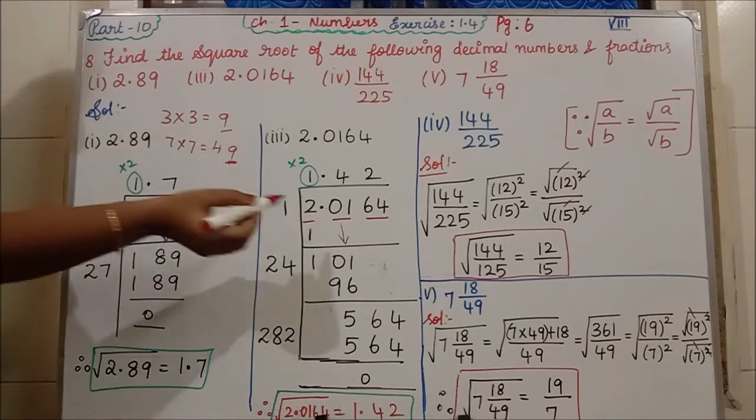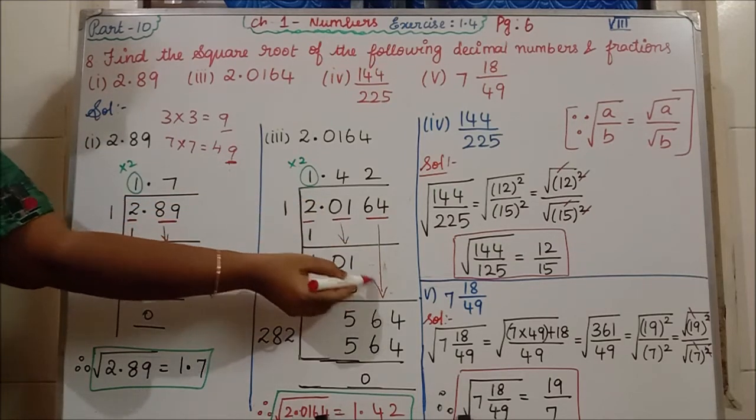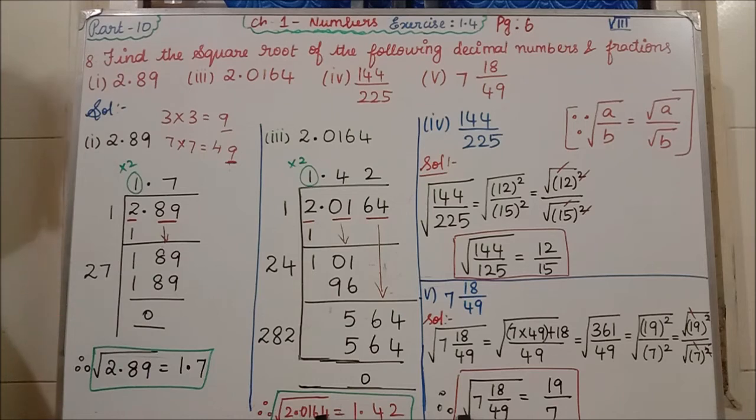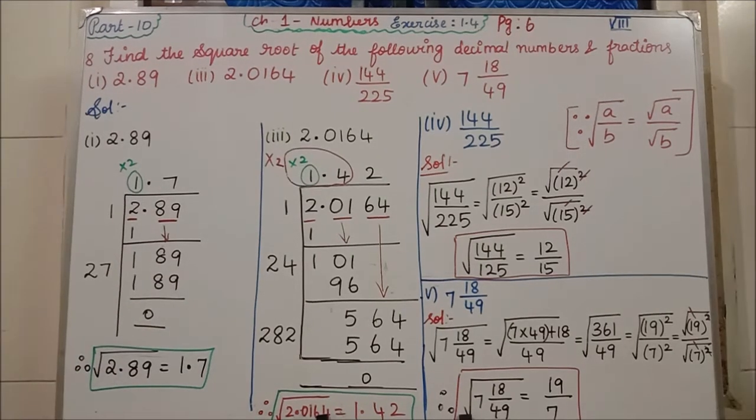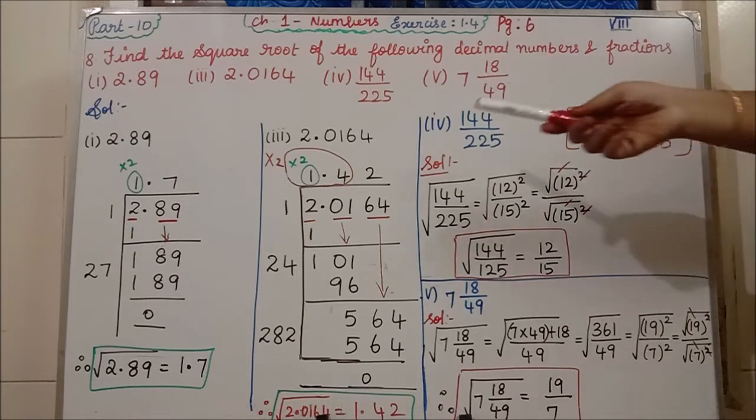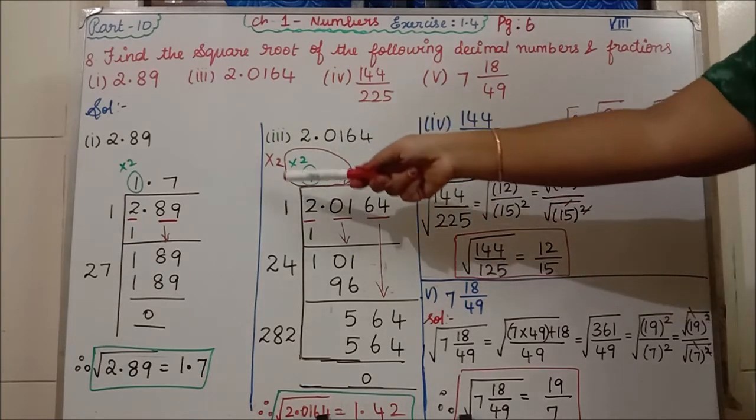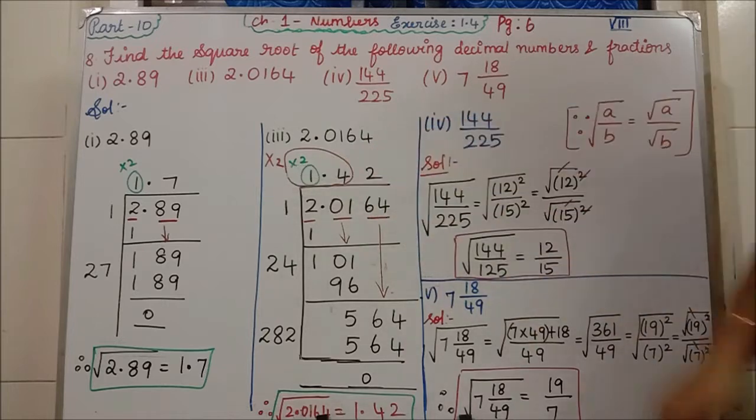Clear? So the next step, 64 we are bringing down. Clear? So next step what we have to do? Already we have multiplied this 1. Now we have to multiply this 1.4 together with 2.